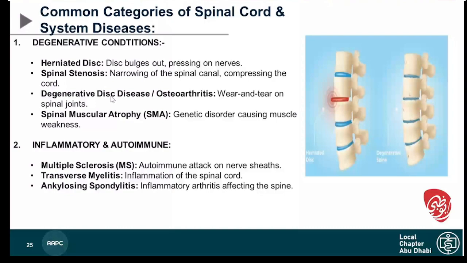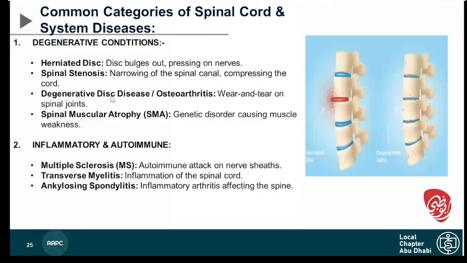Okay, next comes inflammatory and autoimmune diseases. Inflammatory diseases like multiple sclerosis. Multiple sclerosis is an autoimmune disease. What is an autoimmune disease?